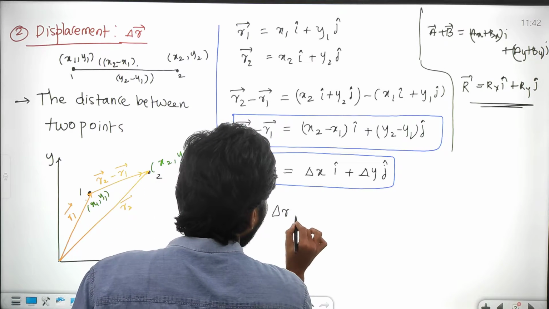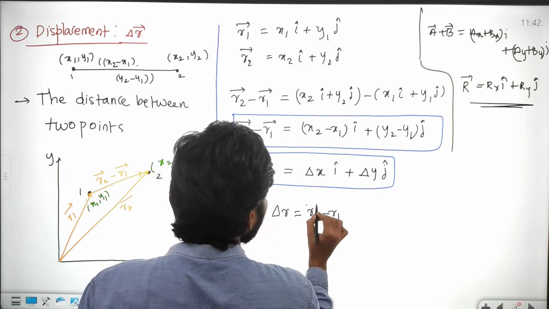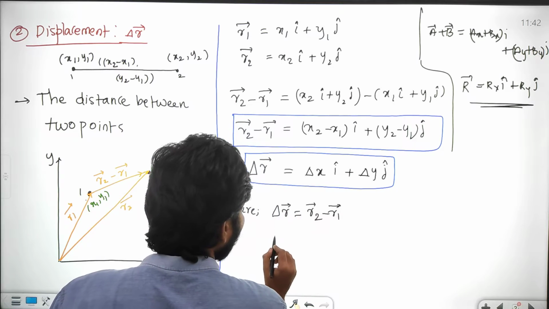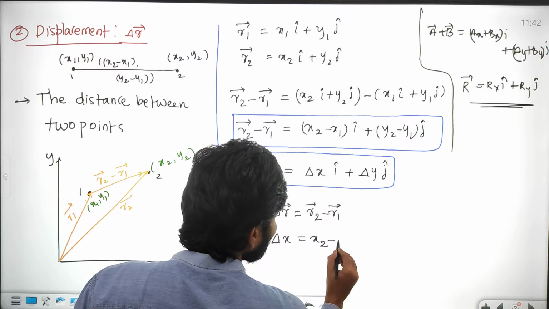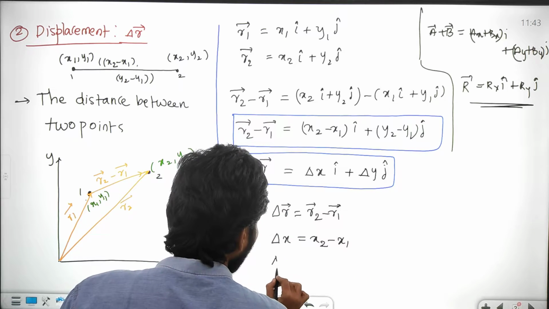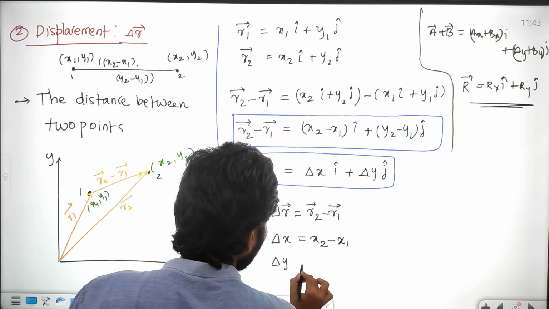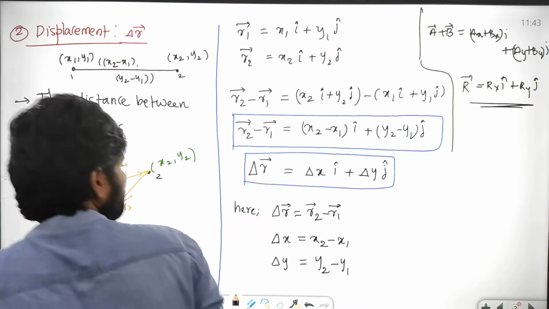Delta r is nothing but r2 minus r1. So these are vectors. This is the displacement vector, and delta x can be written as x2 minus x1, and delta y as y2 minus y1.